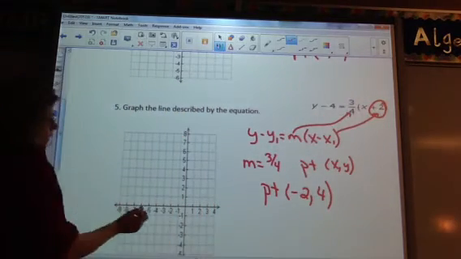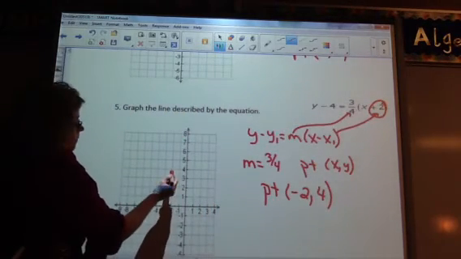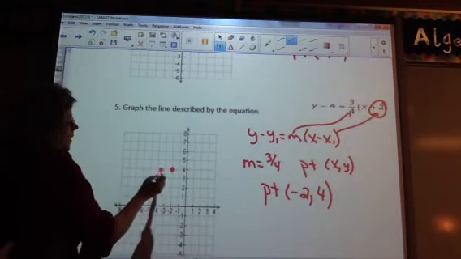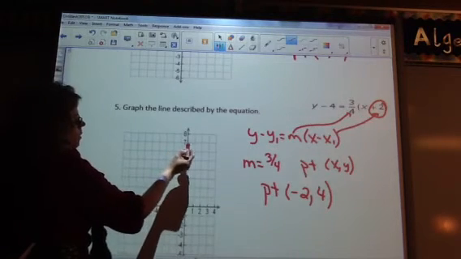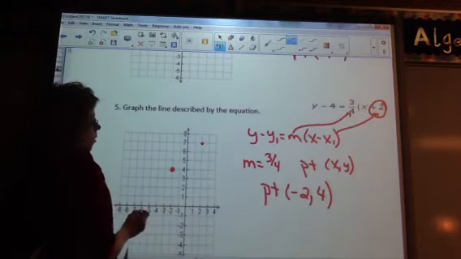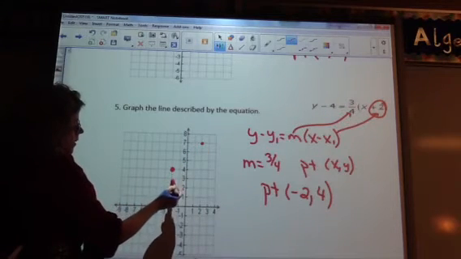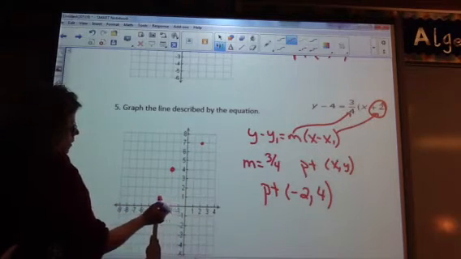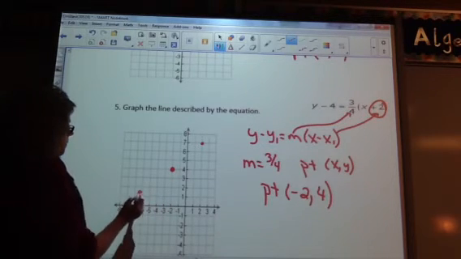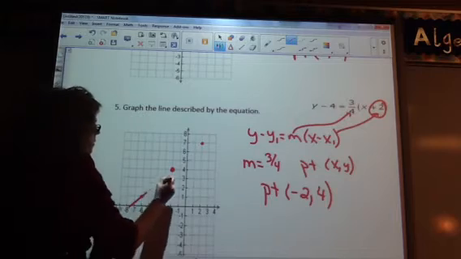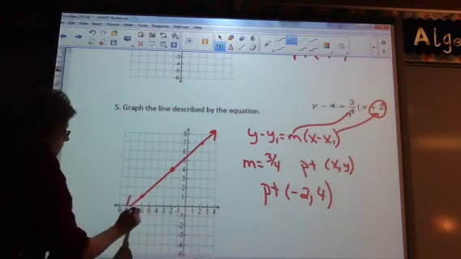So I start at my point, negative 2, positive 4, and then I go up 3, right 4. Or I can go down 3, left 4. That point would still be on that line.